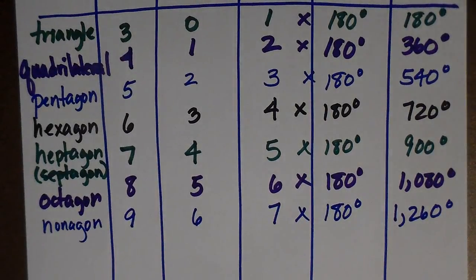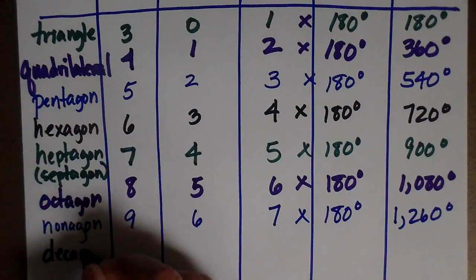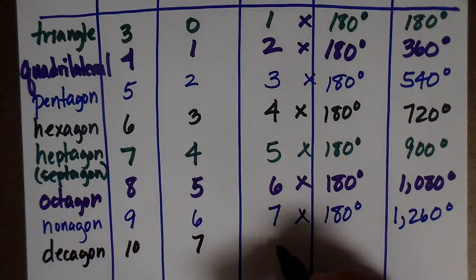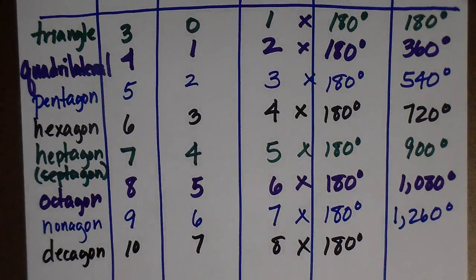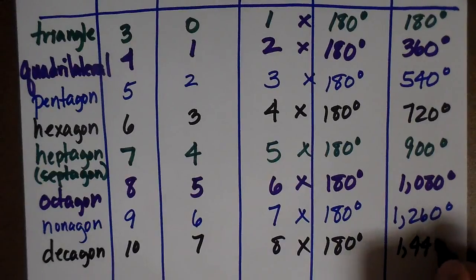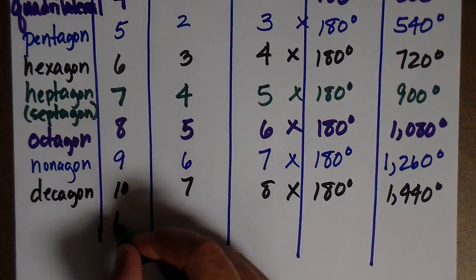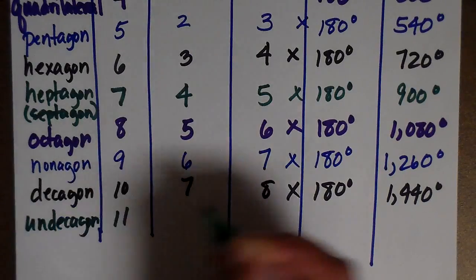Then we have the 10-sided figure. That is the decagon. The decagon has 10 sides, which means 7 diagonals, 8 triangles, 180 degrees, which is 1,440 degrees. And I'm trying to rush before the bell rings here, so we'll go to the next 2. An 11-sided figure is called an undecagon or a hendecagon.